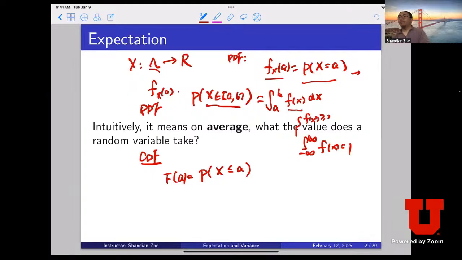And if you write it in terms of the PDF, it's just an integral from minus infinity to A. The upper limit is A, and you integrate the PDF from minus infinity to A.